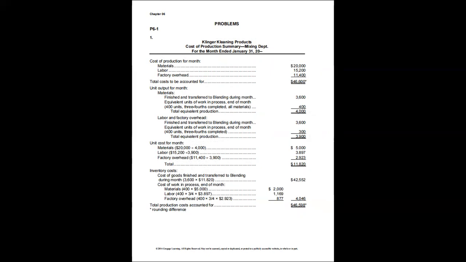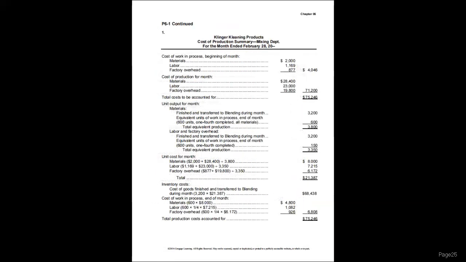So you have the cost, the work in process in January is the work in process beginning in February. So in other words, the cost of the work in process now with a total of 4,046 becomes the work in process beginning in February. So we have now 4,046.